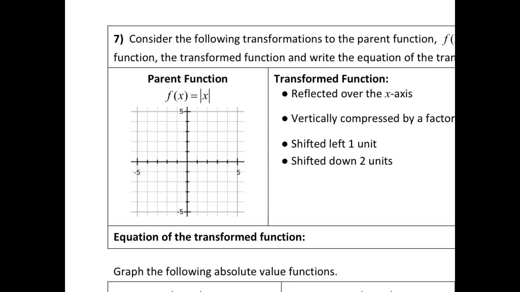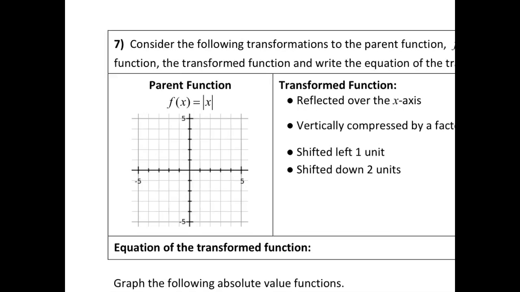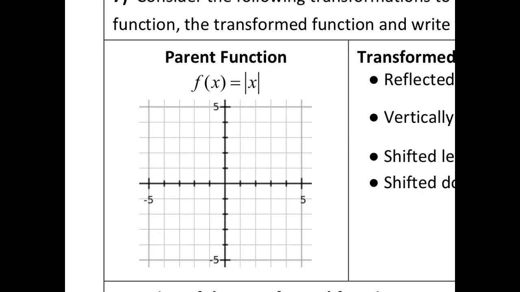So let's draw a transformation of the absolute value function. The first thing that you want to do is be able to draw a parent graph of the absolute value function, or a graph of the parent function.